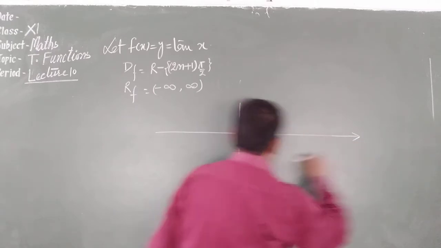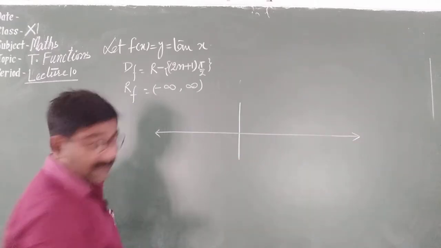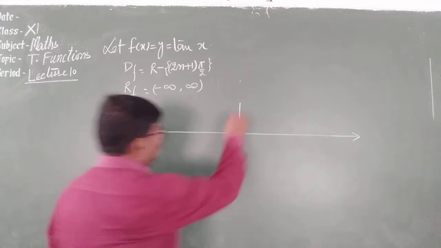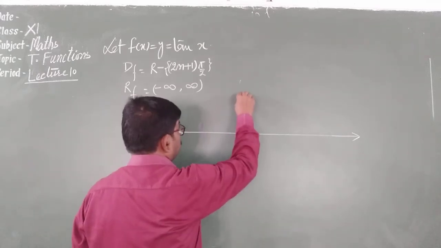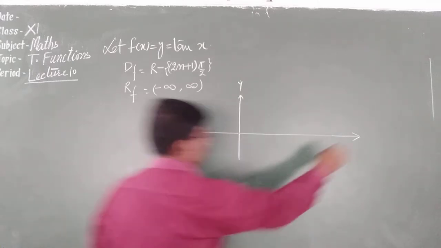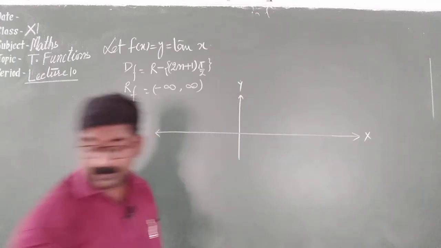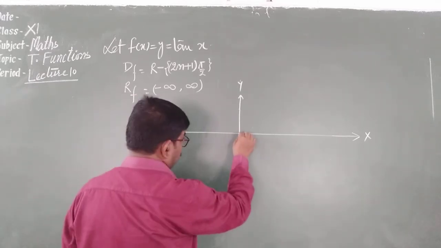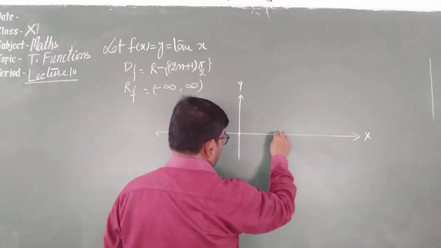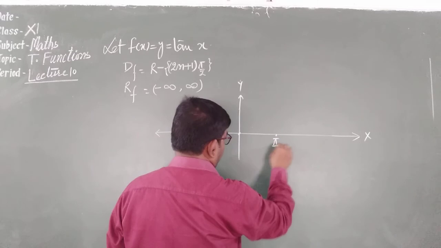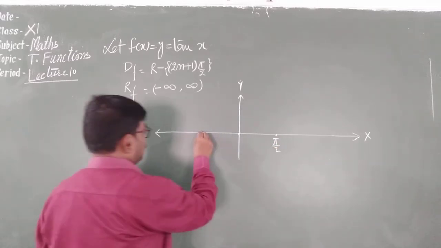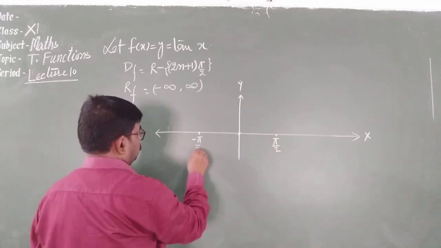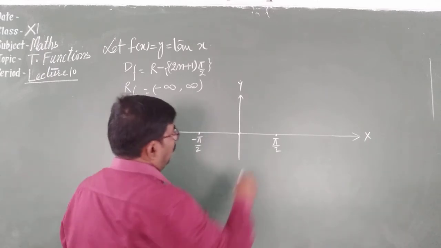I'm not going to take points, I'm just showing how its graph comes. Let this be the y-axis, and this one the x-axis. You know that this is 0. Suppose this is π/2, and this is minus π/2.